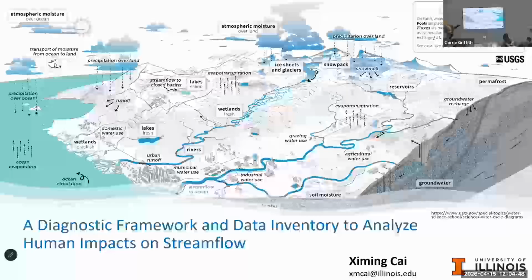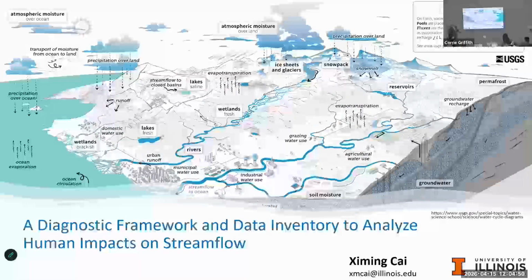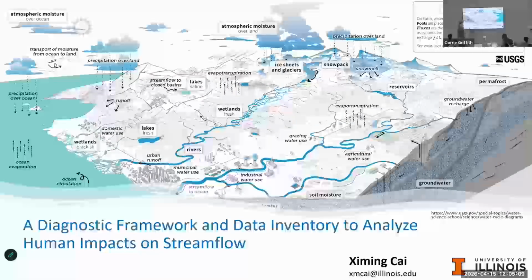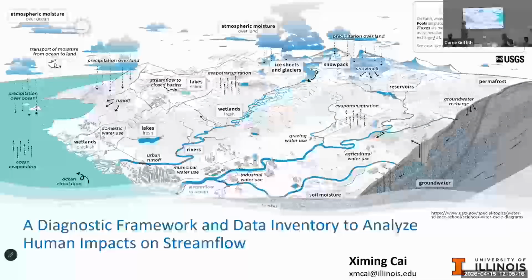So on the screen, you can see this is a new watershed diagram published by USGS maybe just one year ago. Different from other watershed reviews, you can see some human activities, such as reservoirs, groundwater recharge, hopefully artificial recharge, and water uses.